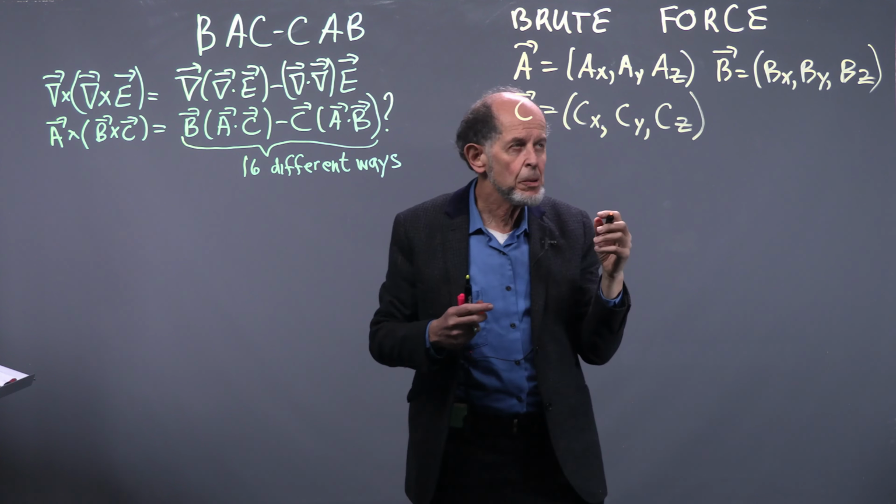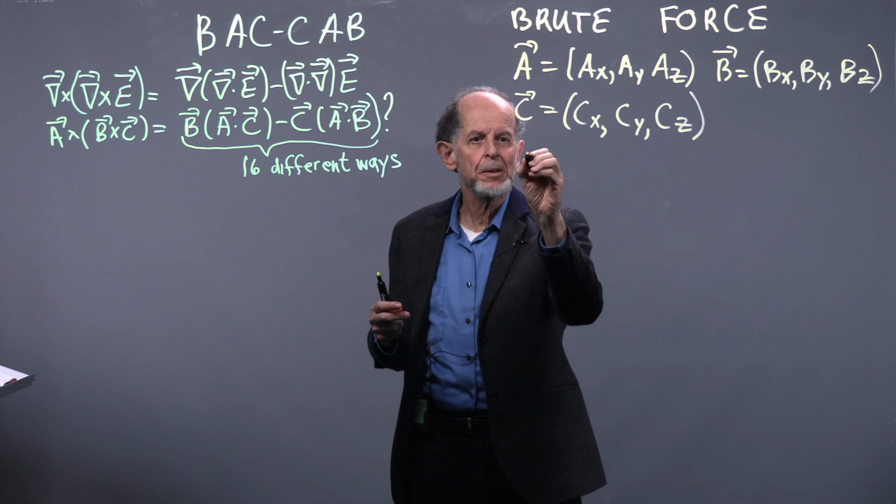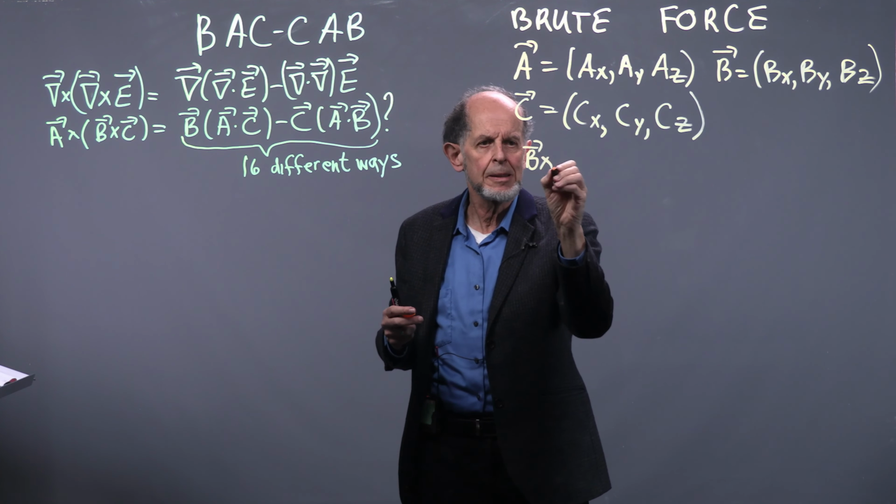Now, let's see what happens and how messy it gets real fast. So what does B cross C look like?